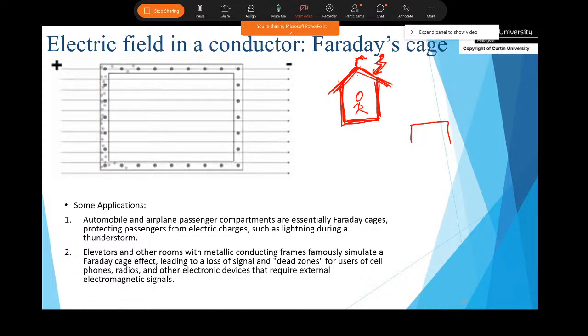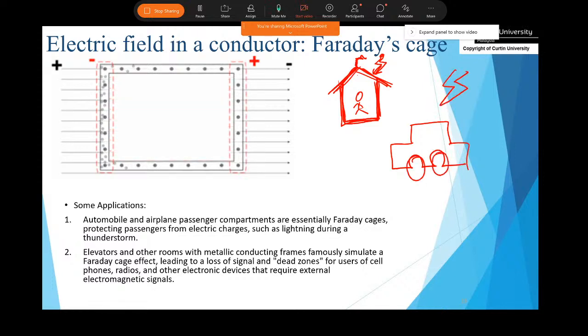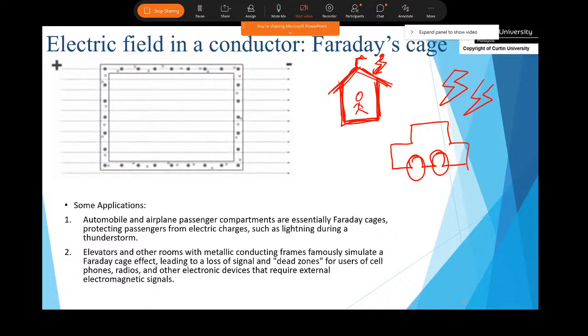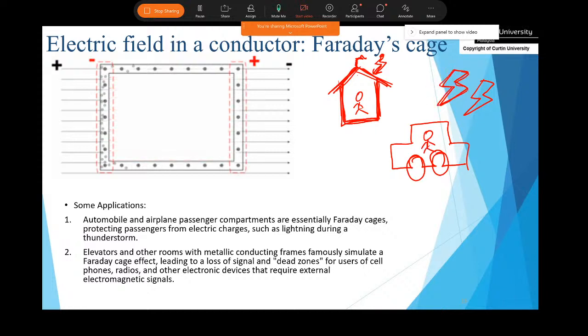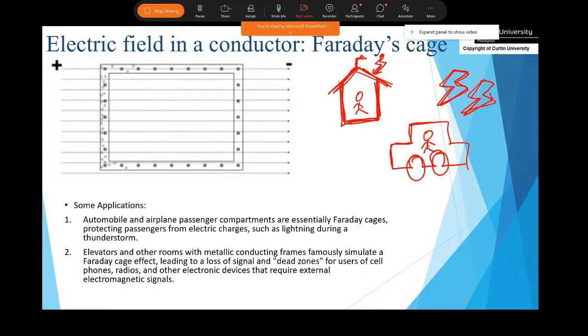Or let's say you are driving in a heavy storm. Again, a human sitting inside the car will be safe even though the car is being struck by lightning, because of the Faraday's cage. So someone that stays inside will be safe and sound.